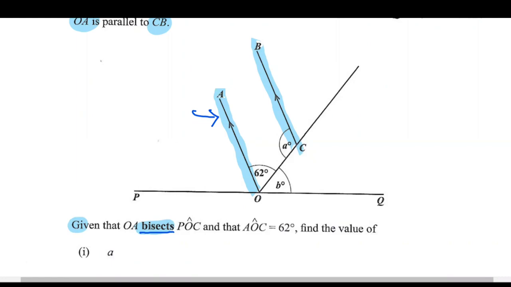So it bisects POC. All of that angle there was cut into two equal pieces.